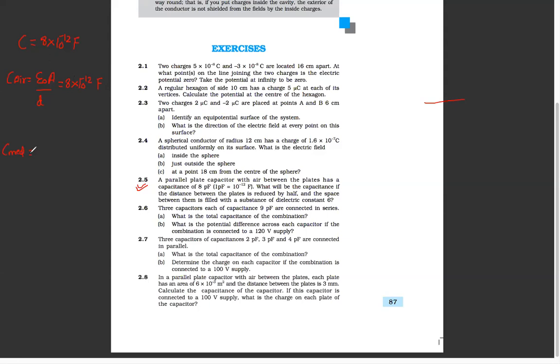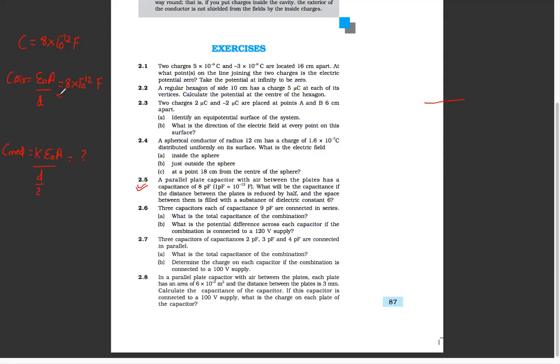Now, if I fill this parallel plate capacitor with some medium of dielectric constant K, then this would be K epsilon naught A divided by the separation, which is half of D. K is 6.